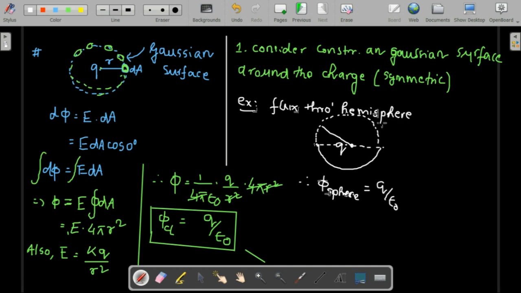Flux means you'll have the lines of force going like this, like this, like this, and so on. Correct. So if it's in the center, half of it will go in this direction, half of it will come in this direction. So if you want to find out the flux through the hemisphere, this is definitely going to be half of q by epsilon naught. So these kinds of questions you can think about and try to solve, and that will make it very easy.